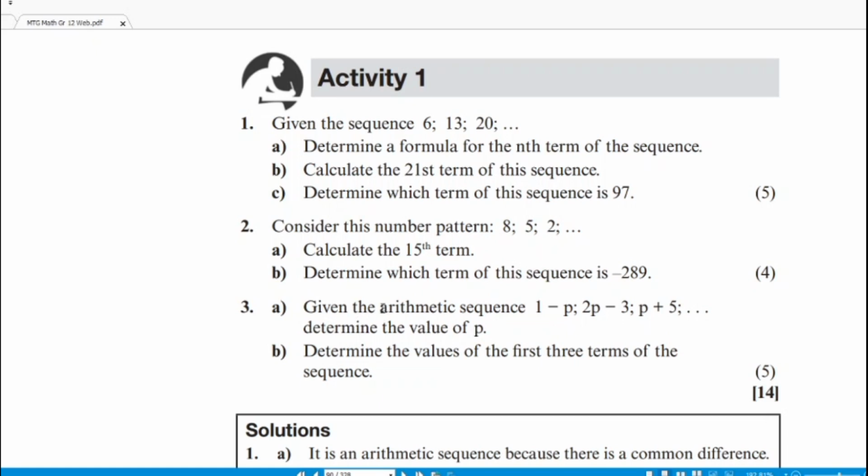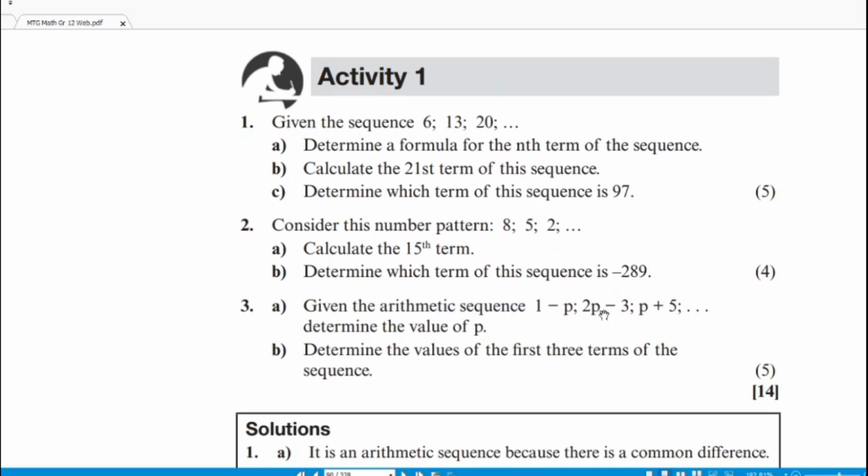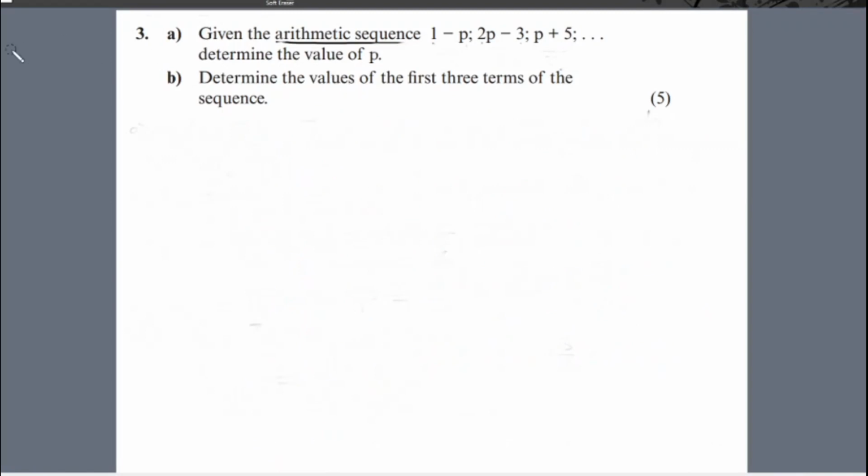Here we are told that this is an arithmetic sequence. Because we are told it's an arithmetic sequence, we know that we have a common difference, right? So let us solve for this question.